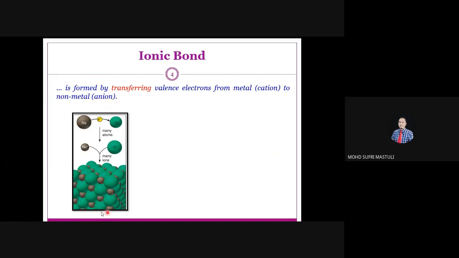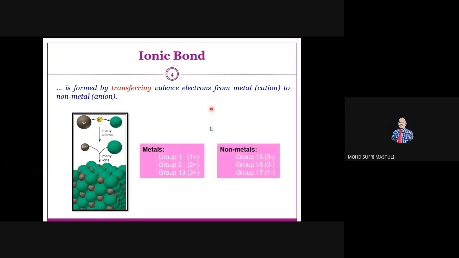This is an example of an ionic compound, which is sodium chloride. Other examples are magnesium oxide, MgO, and also calcium oxide, CaO.